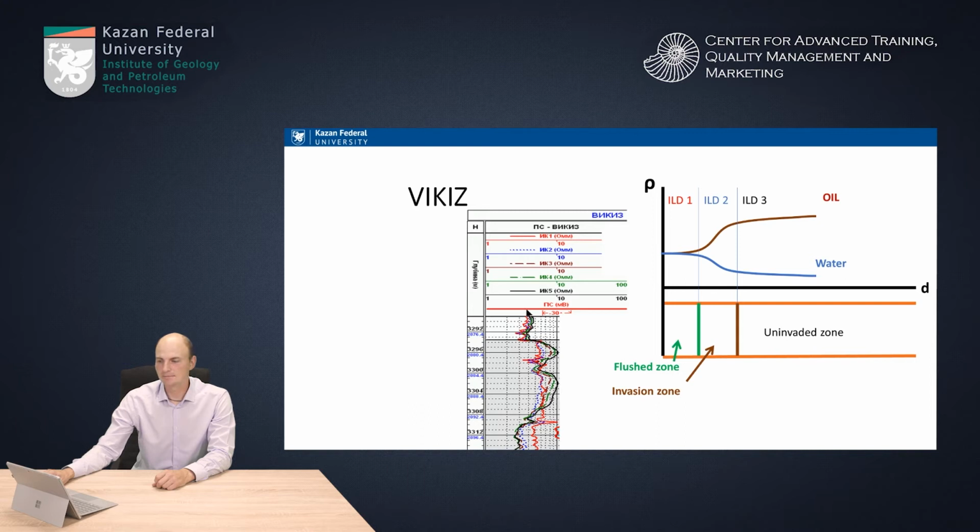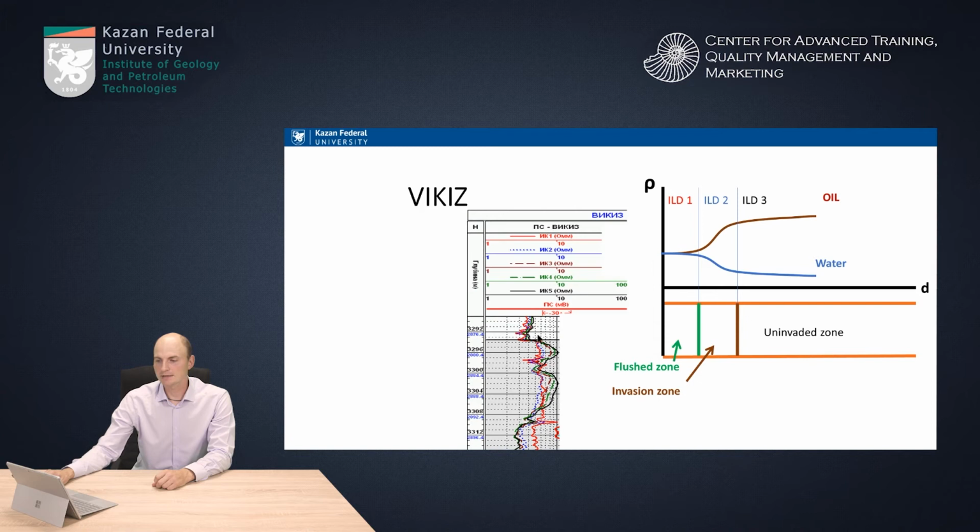In this case, the red line shows us the most shallow logging tool, and the black one shows us the highest investigation depth, the resistivity on the highest investigation depth. So what do we have?